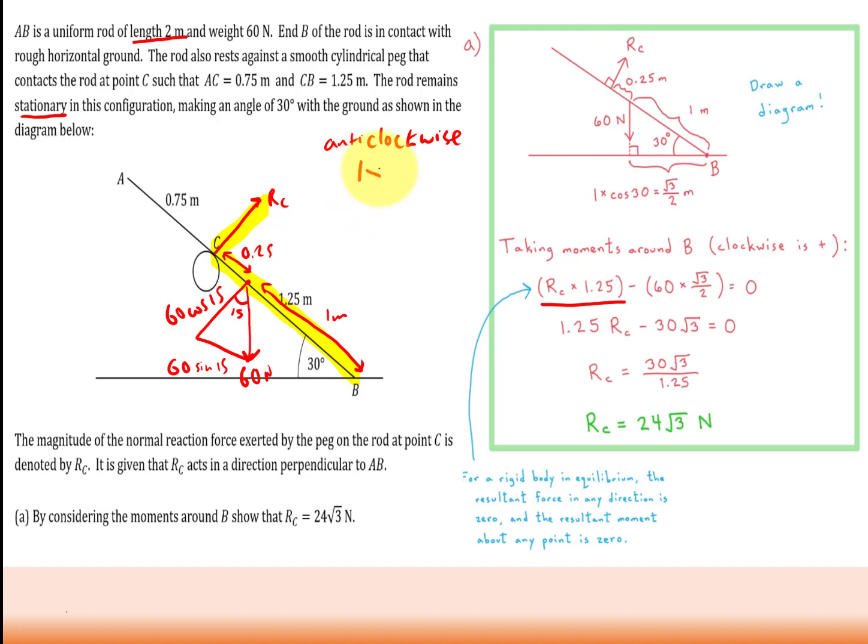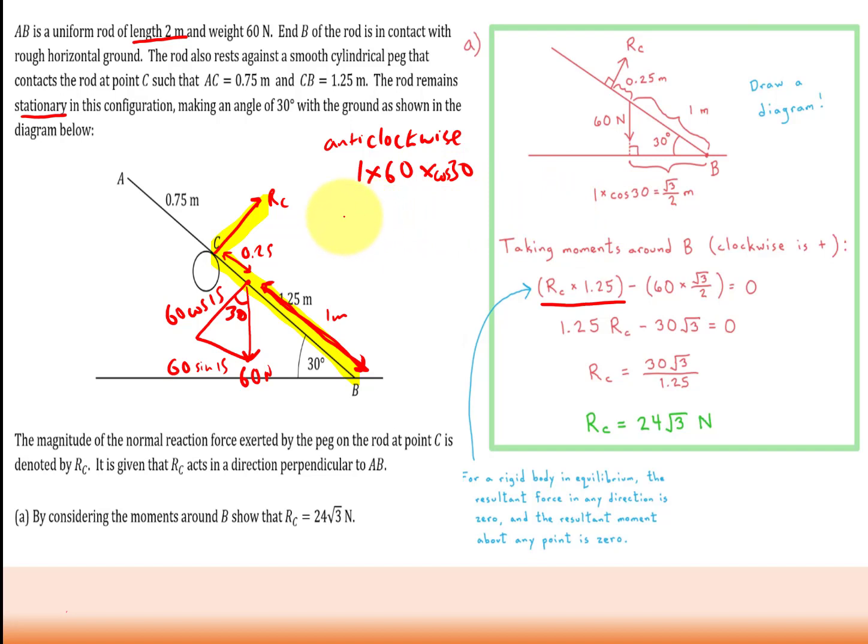Okay, that's our 1 times 60, because that length here is 1. Times not cos 15, it's 30. Don't know why I wrote 15 there. Times 30. That's cos 30. Now cos 30 is root 3 over 2.